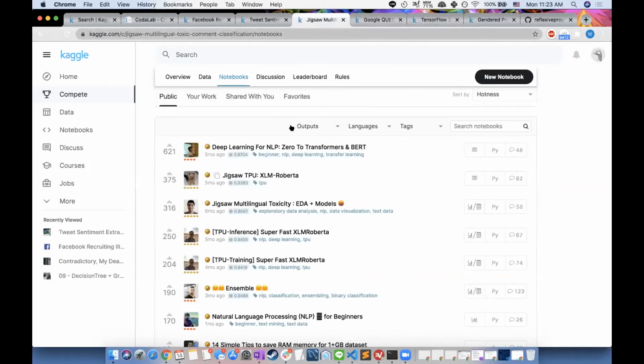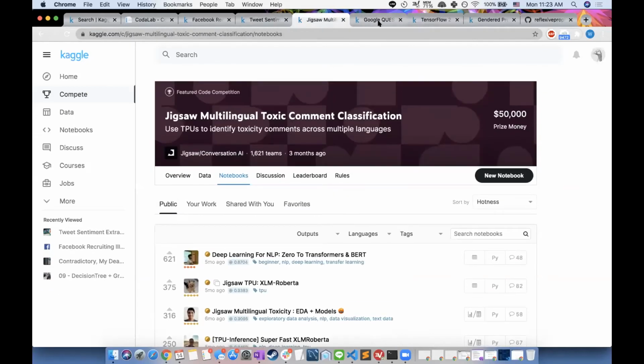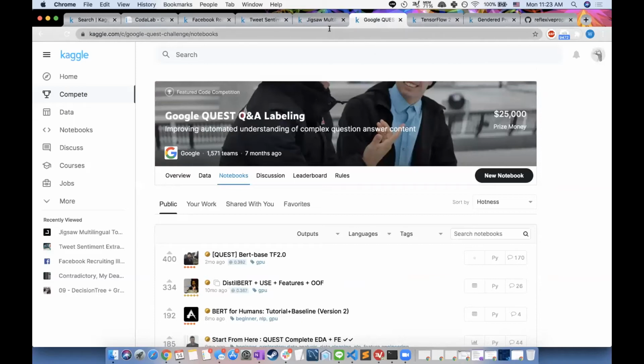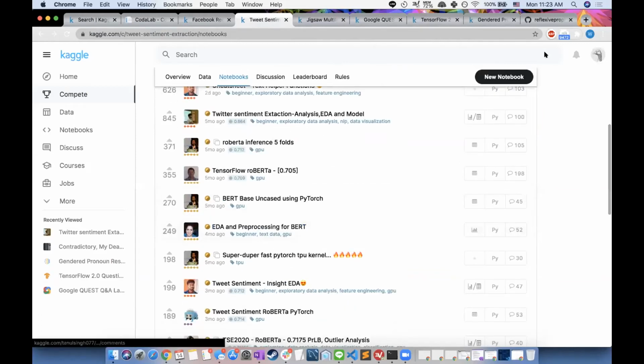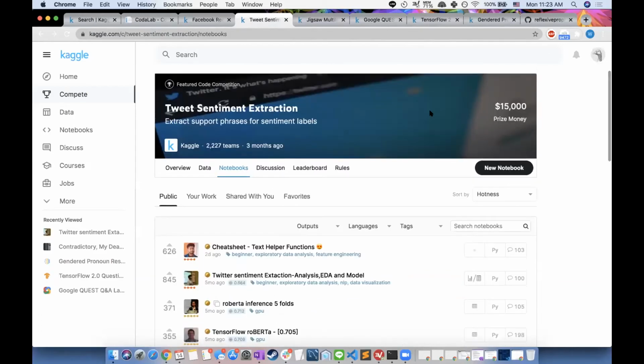So it's literally picking one of these three: QA, multilingual classification, tweet sentiment extraction. Let's take a vote. You guys have any preference, like you want to use TensorFlow or PyTorch?